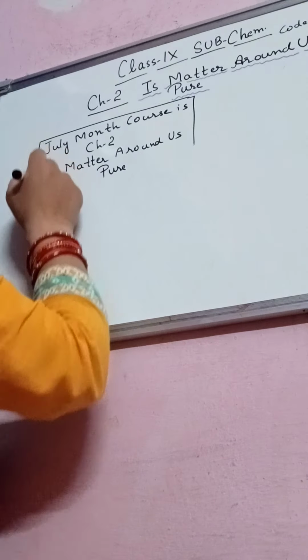The pure substance I explained to you. Now what is a mixture? Mixture means something is added, or a sample containing two or more substances is called a mixture.